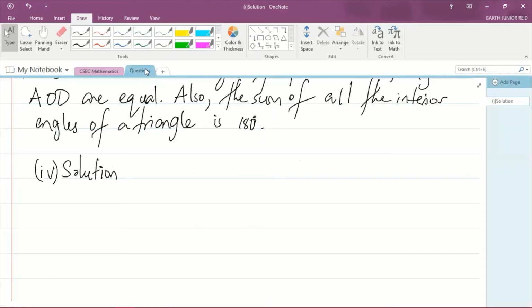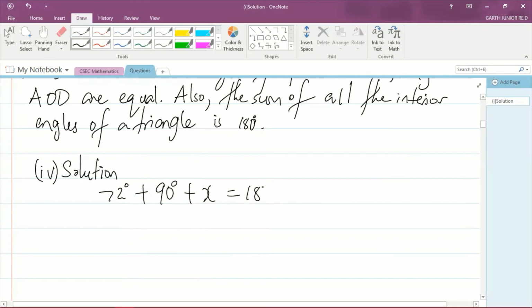So let's write that down here. The 72 degrees plus the 90 degrees plus X is equal to 180 degrees, and our aim is to find X. So 72 degrees plus 90 degrees, that's 162 degrees, plus X equals 180 degrees. I want X alone on this side of the equation, so I subtract 162 from both sides.